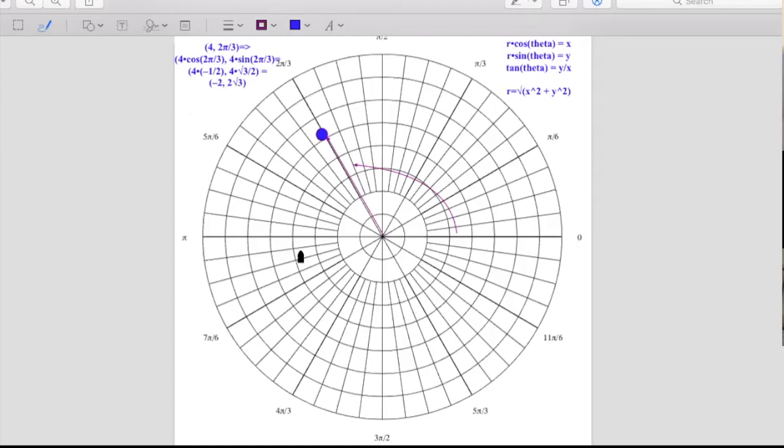Basically, if I'm using negative 1 as my n, I would have 2 pi over 3 plus negative pi, and that would bring me all the way back around. So that I would write as 4 comma 2 pi over 3 plus pi n.